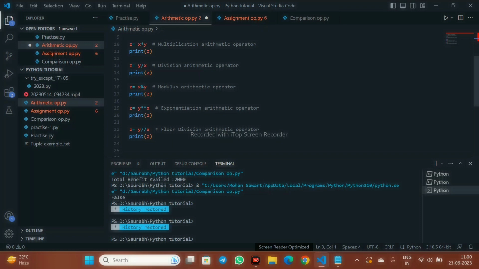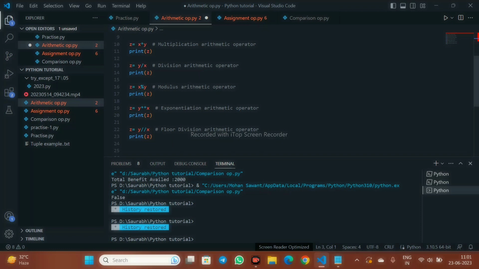That means 4 to the power 3. My exponent is 3 and base is 4. So 4 multiplied 3 times will be equal to 64. And a second example of exponent is 3 raised to 4. That means 3 multiplied 4 times is equal to 81. That is my exponent arithmetic operator.